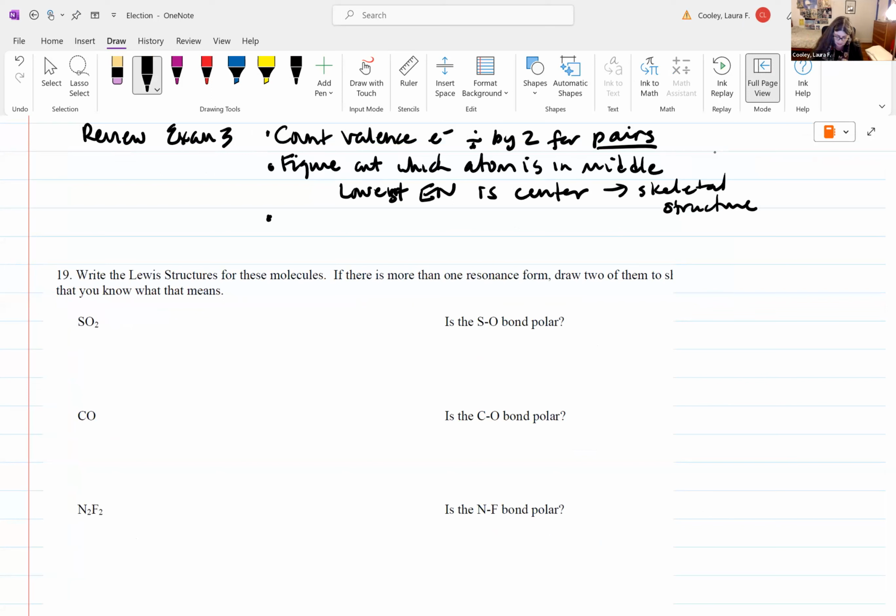After that, what's the first thing you do? Place all of the atoms with single bonds. Right, you place single bonds between the atoms.